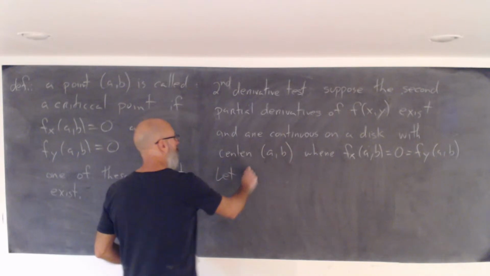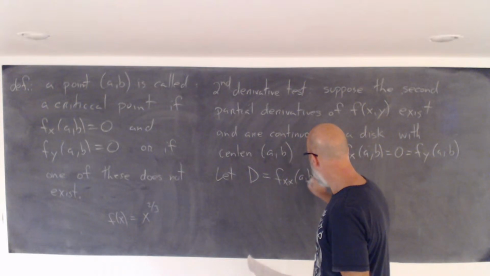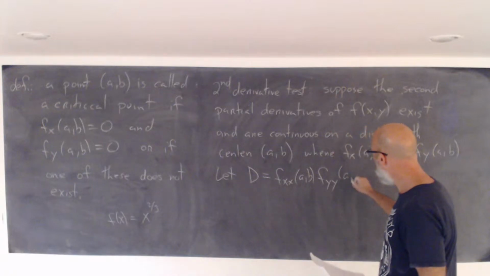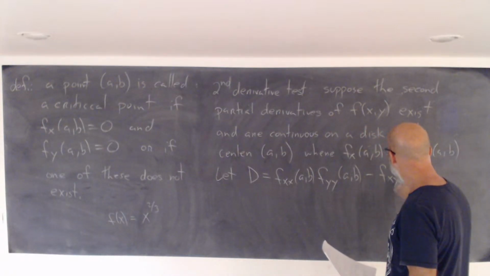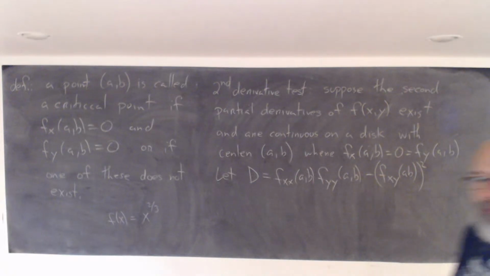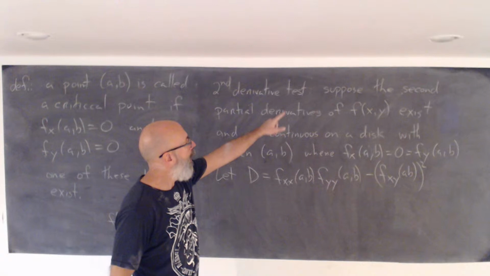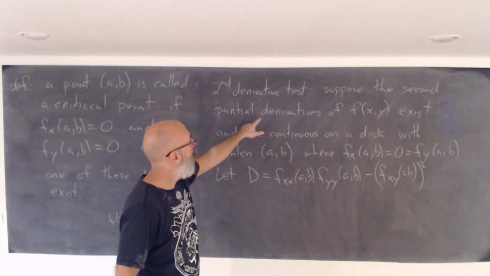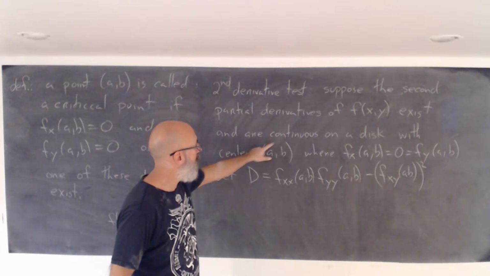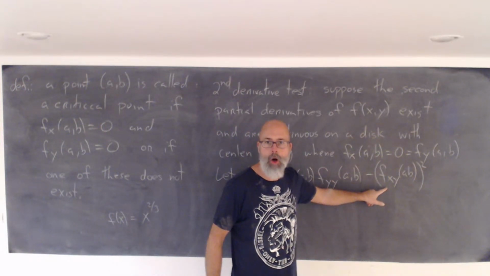Let D be... observe, if you will, that by assuming the second partial derivatives exist and are continuous at (a, b), this satisfies Clairaut's theorem, and we have equality of the mixed partials.